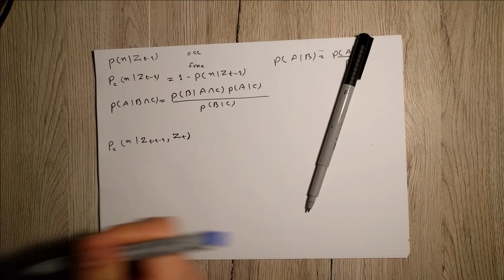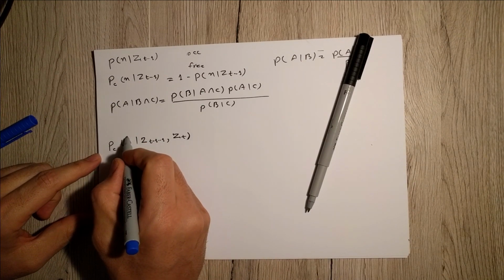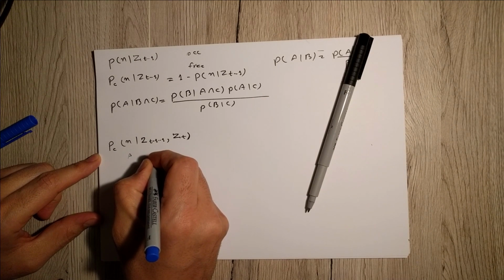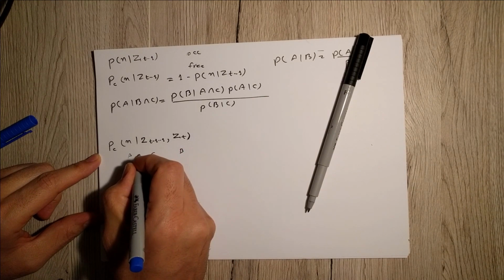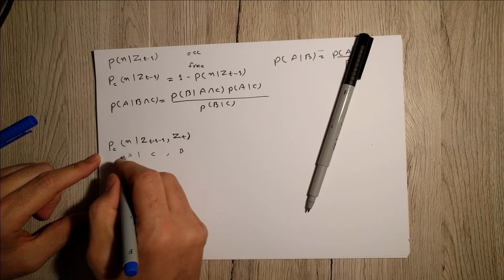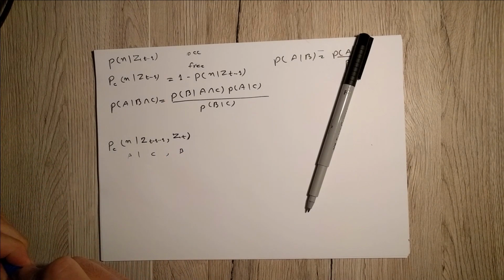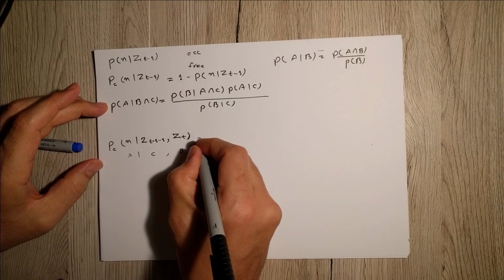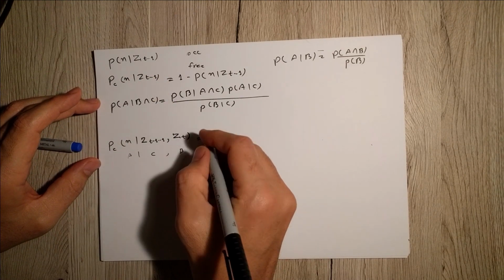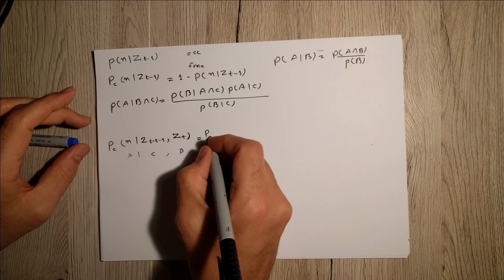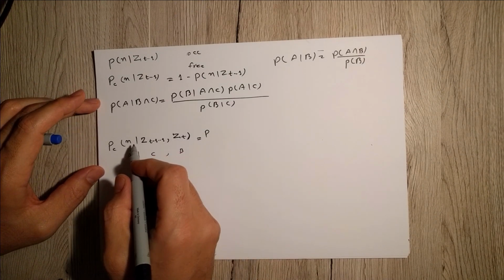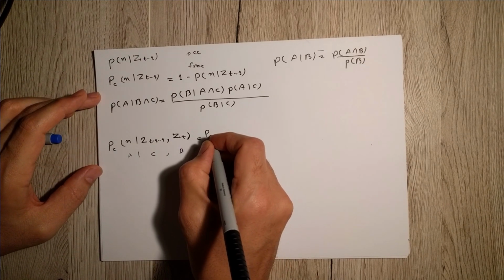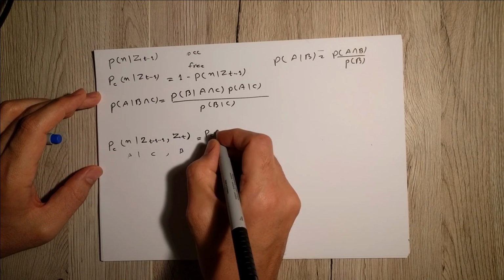And if I put this guy instead of A, this guy C, and this guy B, you can see we have exactly this formula here with this term. And if I use Z and n instead of A, B, and C, I will have this term for the complement probability.